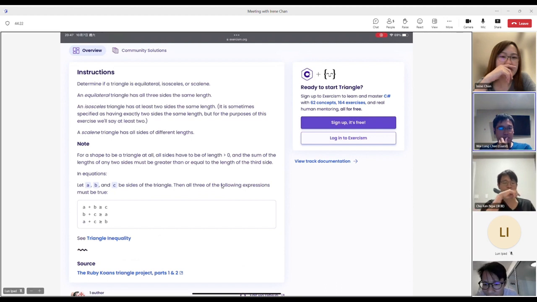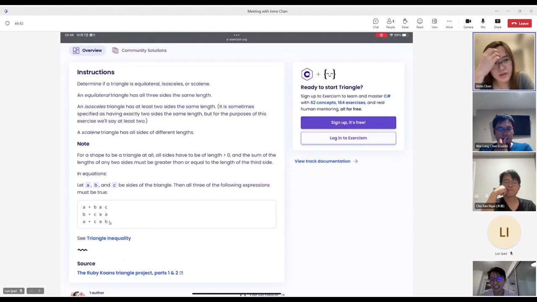Let me think of the situation. If it is a triangle, then it's very easy.